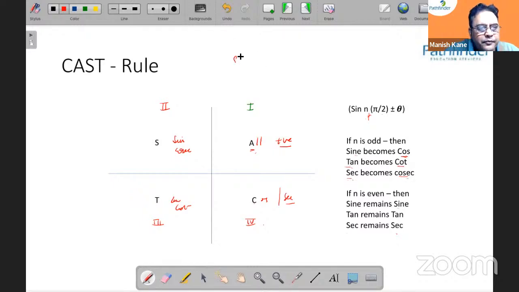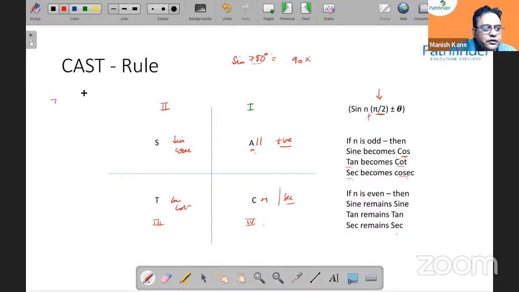For example, if I were to calculate sine of, let's say, a random angle, 750 degrees, correct? I can write this as 90 into... why 90? Because I have to see how many times 90 degrees, or how many times pi by 2 plus theta, 750 degrees is.